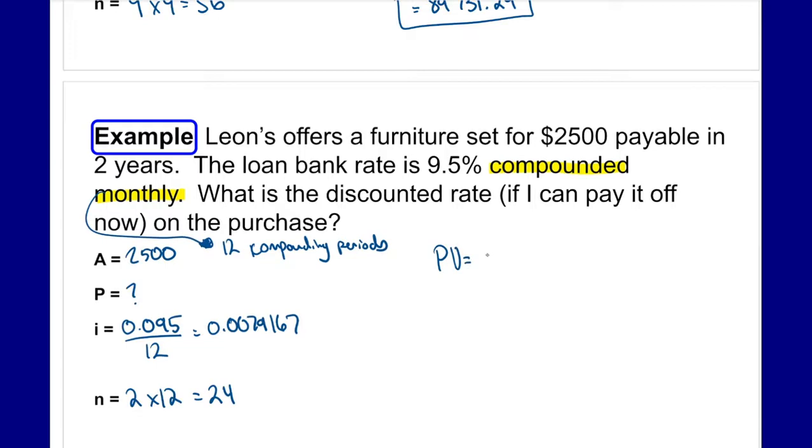So our present value, we're going to determine by taking the future amount multiplied by 1 plus I to the power of negative n. So 2,500 times 1 plus 0.0079167 to the power of negative 24.